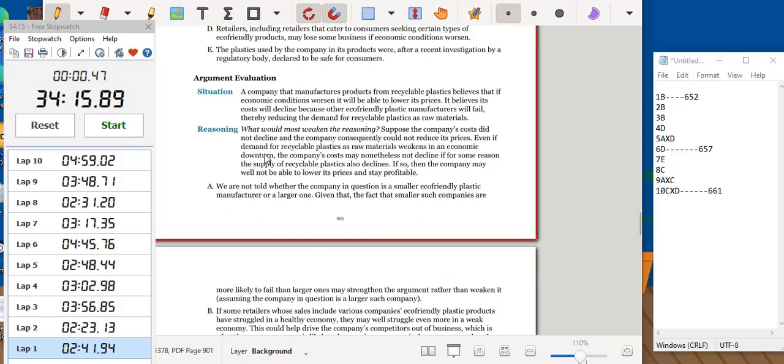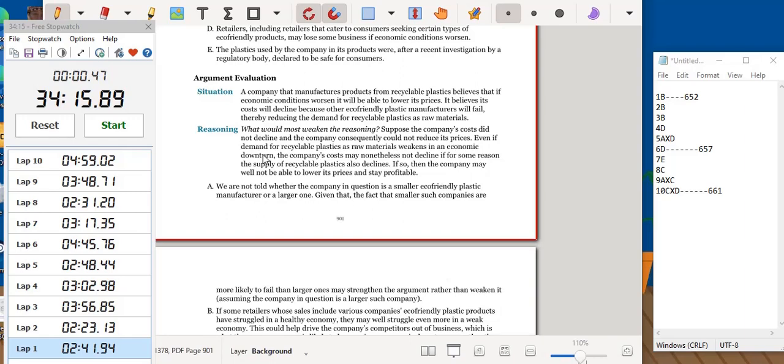Even if demand for recyclable plastics as raw materials weakens in an economic downturn, the company's cost may nonetheless not decline if for some reason the supply of recyclable plastics also declines. If so, then the company may well not be able to lower its prices and stay profitable.